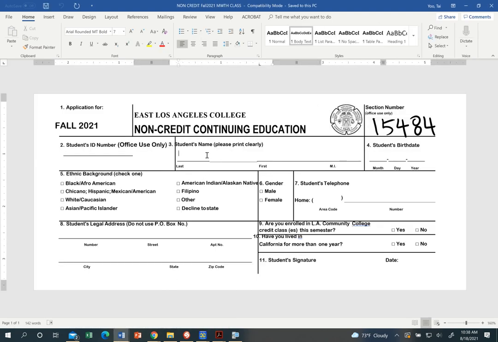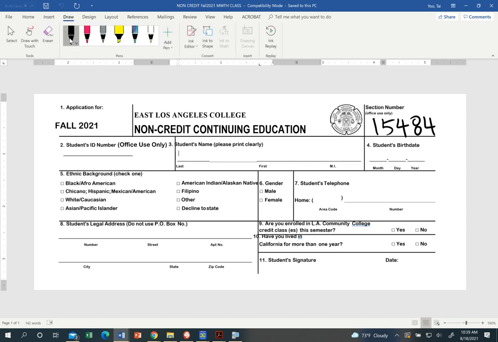All right, so you want to fill this out as much as you can, and this one you can probably use, like if you have a Word document someplace, you can go ahead and draw using this pen, and then you can put a check mark anywhere, like that, okay? Check marks are okay.